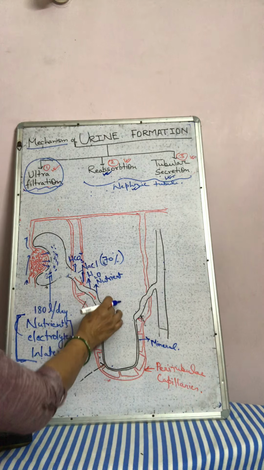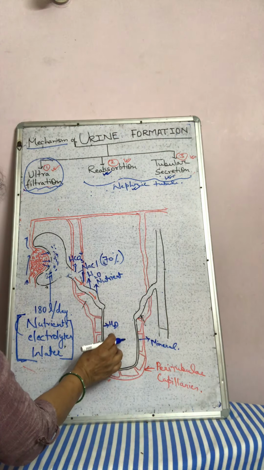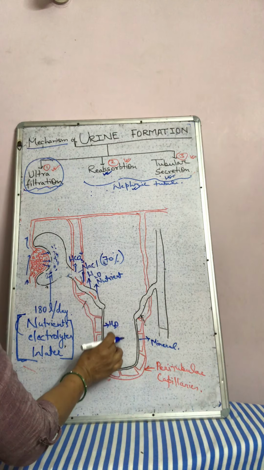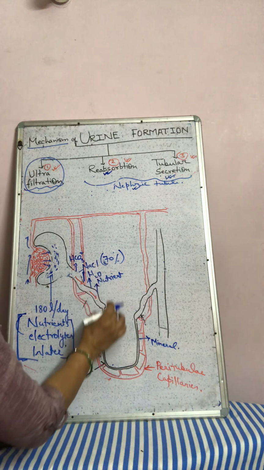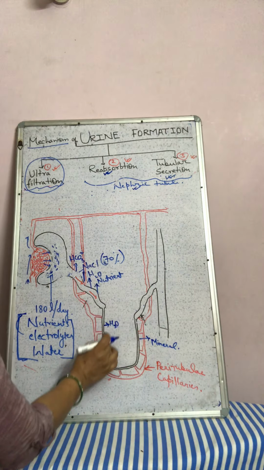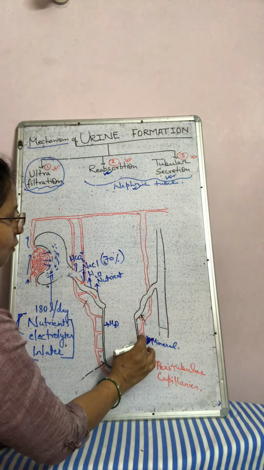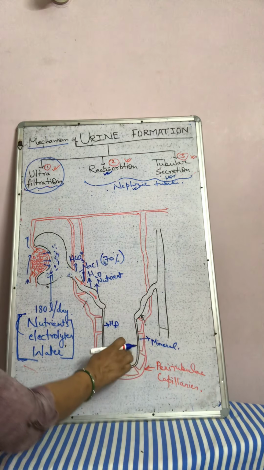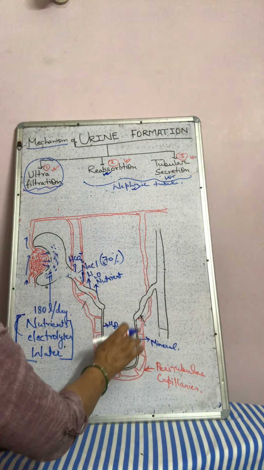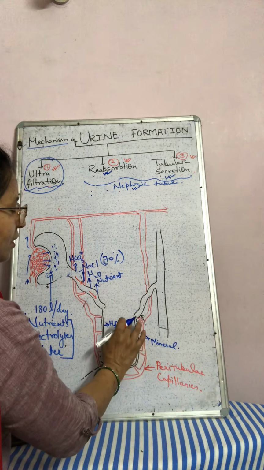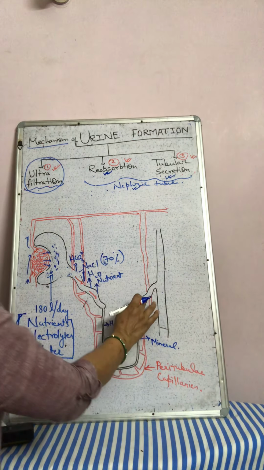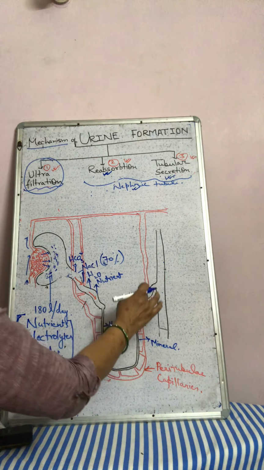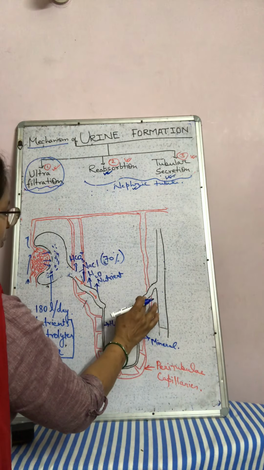That means due to absorption of water, the urine or filtrate becomes concentrated. But due to absorption of minerals in the ascending limb, it again gets diluted.